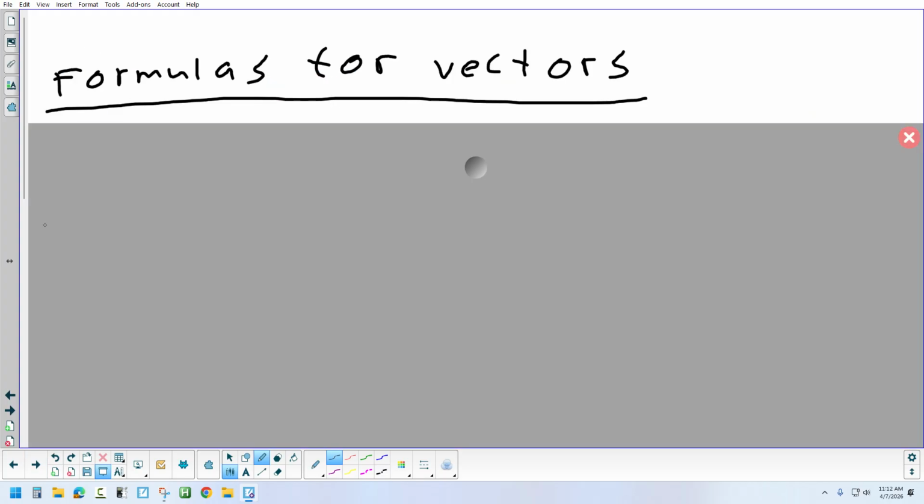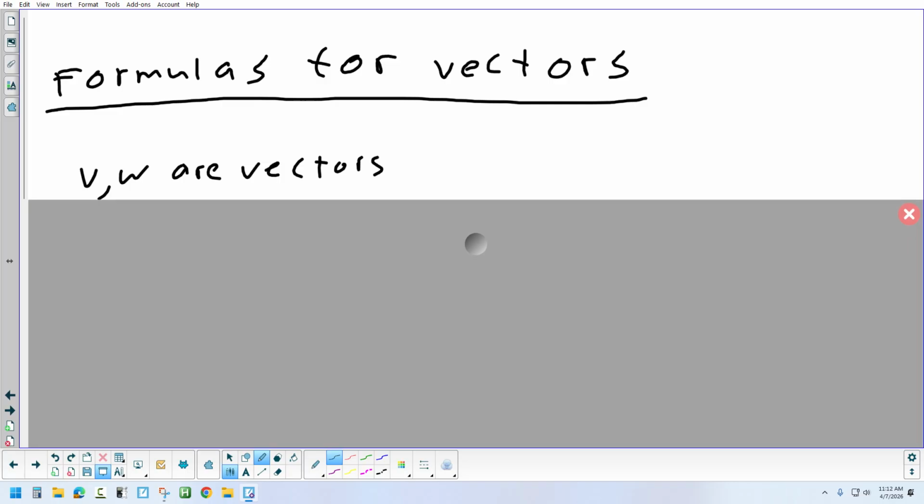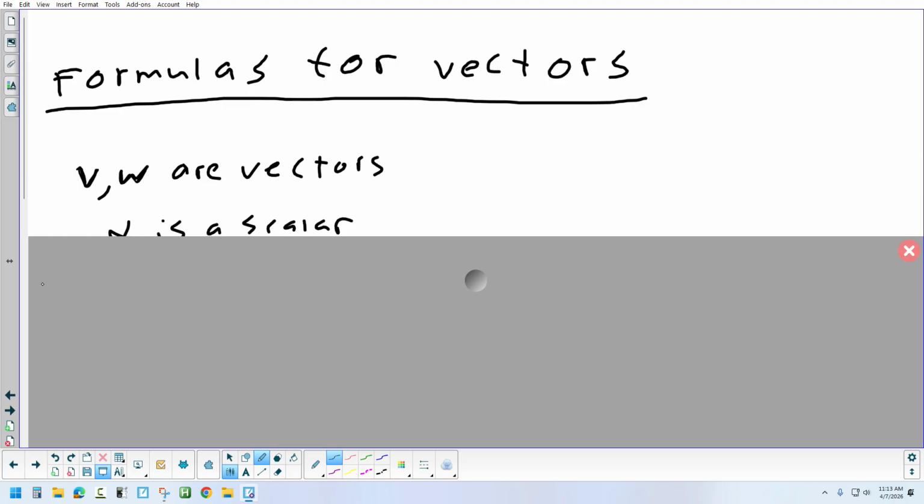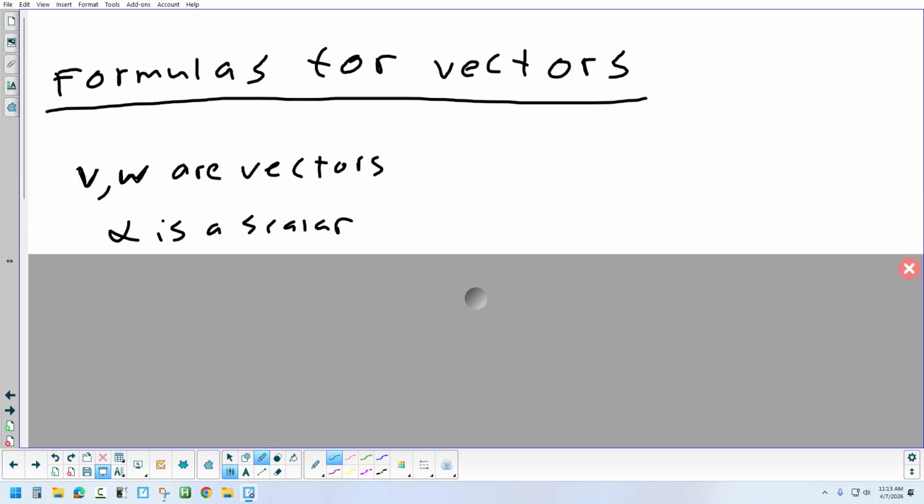All right, let's look at some formulas for vectors. Okay, in the formulas that I'm about to write down, v, again, that's bold, and w represent vectors. Alpha is going to represent a scalar. So remember, 3 things that a scalar can do.